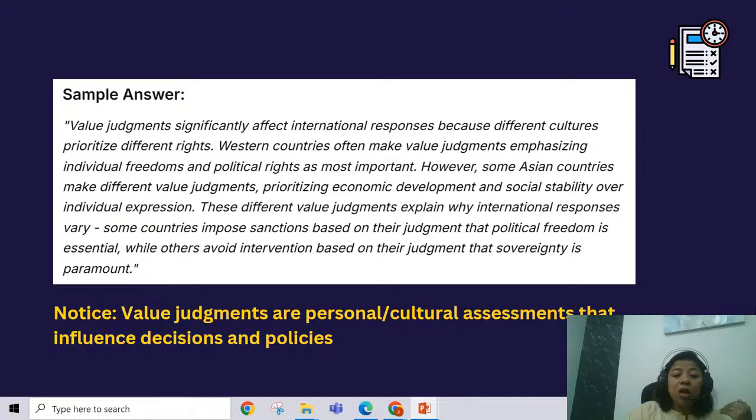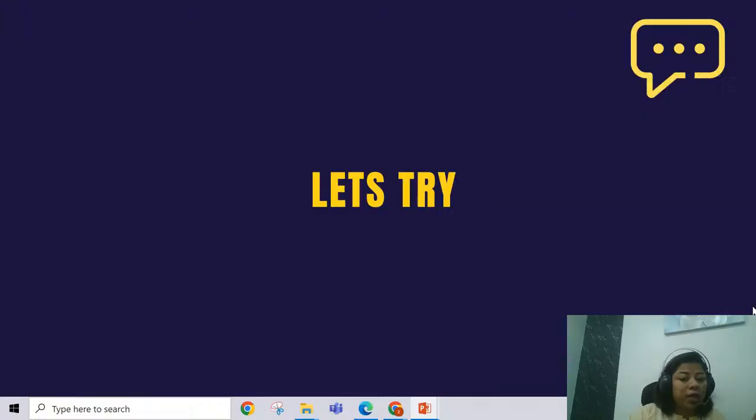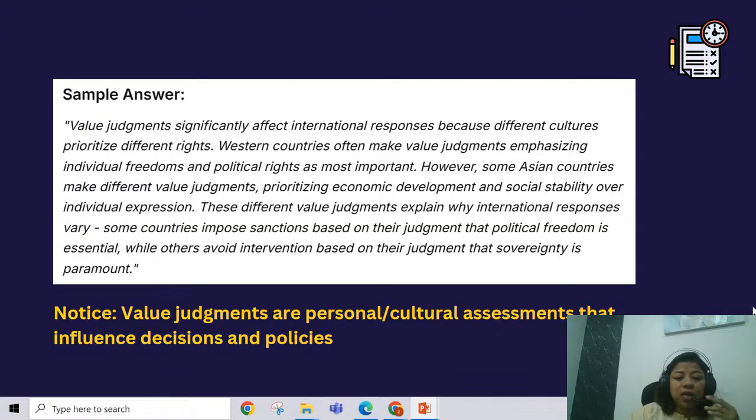For example, here it was about international responses to human rights violations. Western countries often make value judgments emphasizing individual freedoms and political rights as most important. However, some Asian countries make different value judgments, prioritizing economic development and social stability over individual expression.